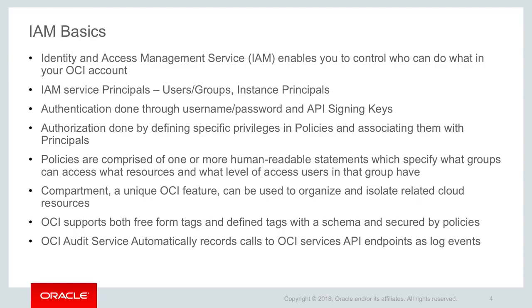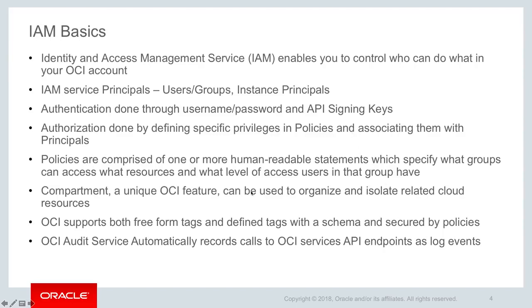So here's the IAM basics. Identity and access management lets you control who has access to your cloud resources. You can control what type of access a user or group has, and what specific resources they can get access to. In IAM, you're going to use components described as users and groups, service instance principals, and authentication and authorization through a password or even API signing keys.